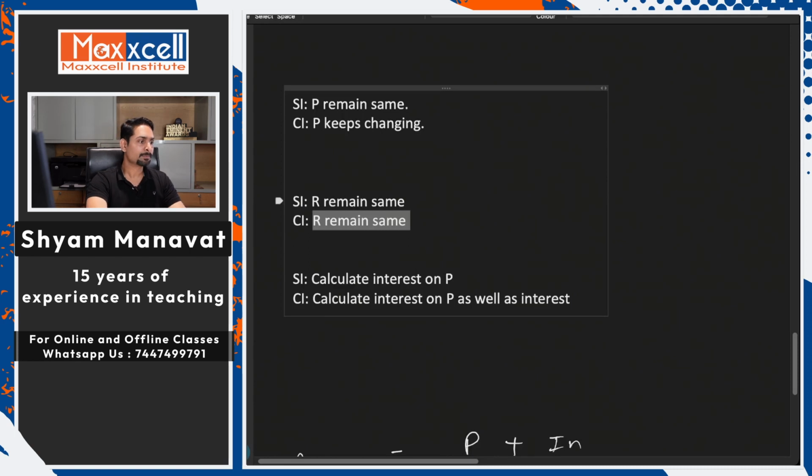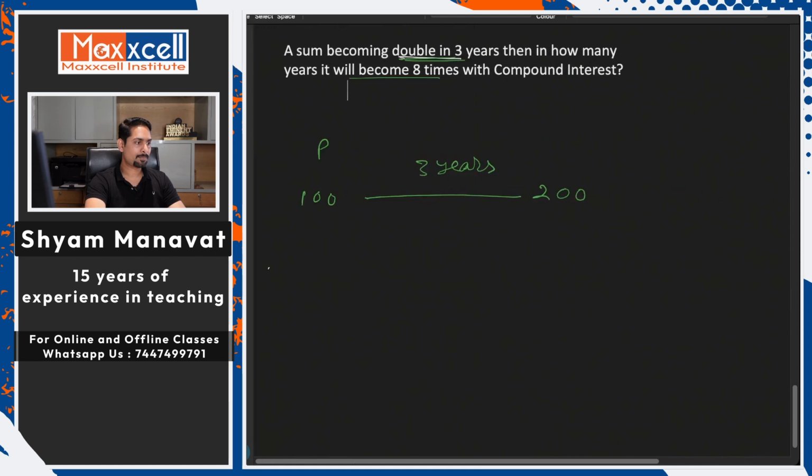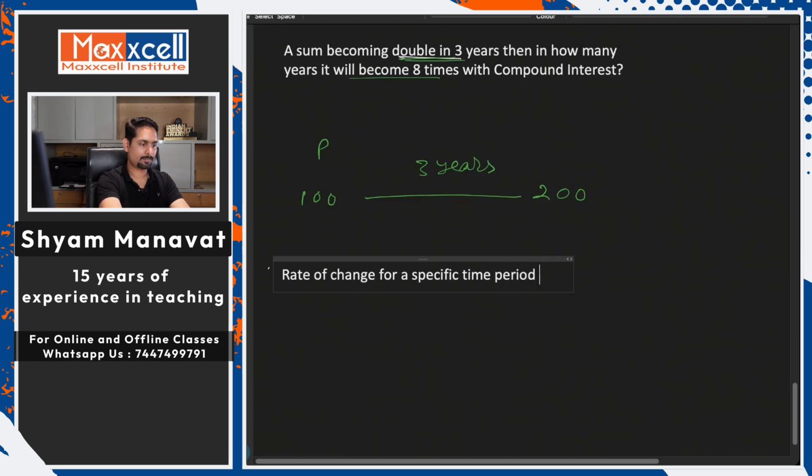So here you can say in compound interest, the rate of change for a specific time period remains same. What do I mean to say?